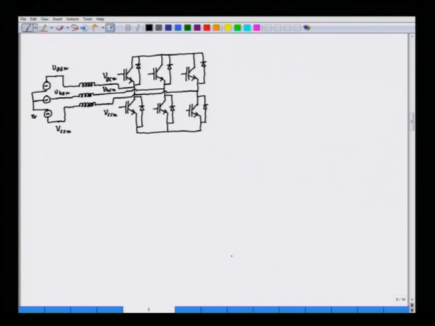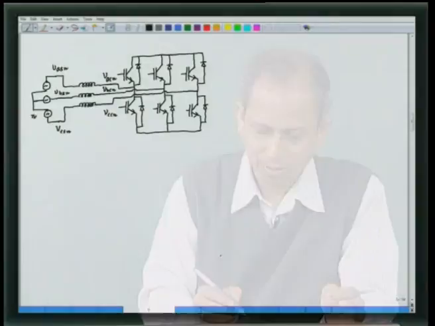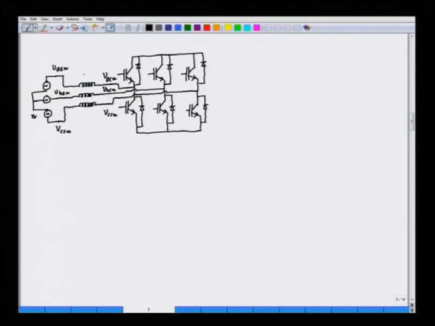The inductor is of the same value for phase A, phase B and phase C, and we can call this inductor as L. The value of the inductance is L and the reactance is omega L. So, it is j omega L here.